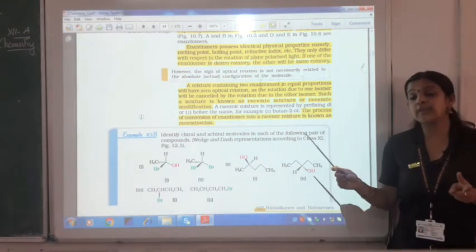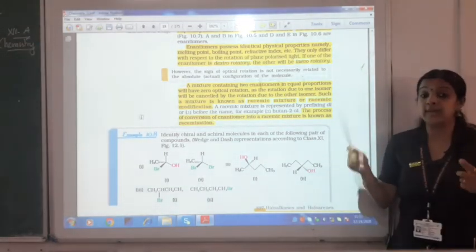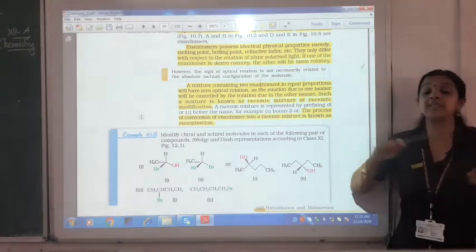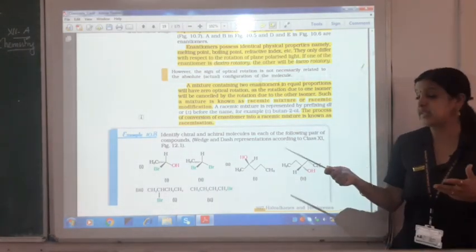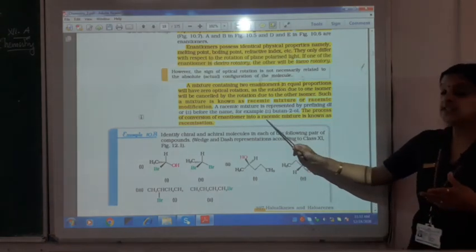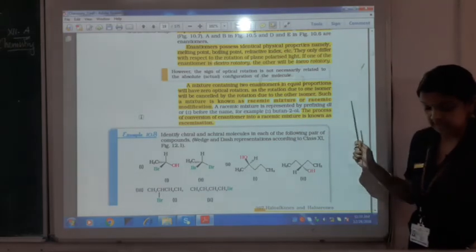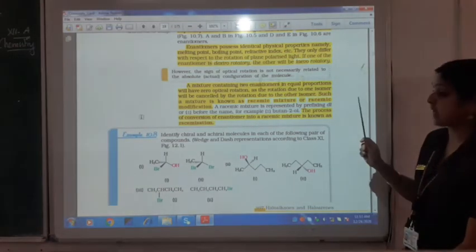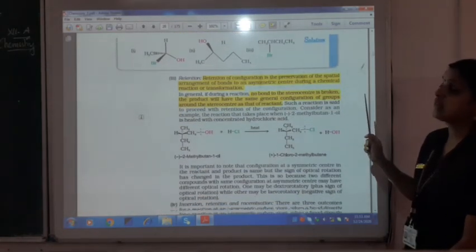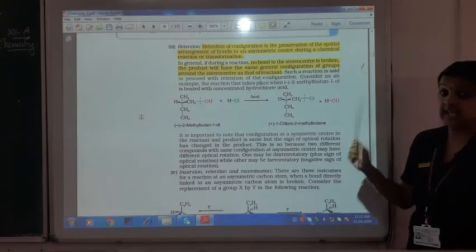Enantiomers are 2 different isomers having different planes of rotation, but when they are equal in proportion, they become a racemic mixture because their rotations cancel each other. The process of conversion of an enantiomer into a racemic mixture is called racemization. Okay. Now, we have learned what is enantiomer, optical activity, chirality.